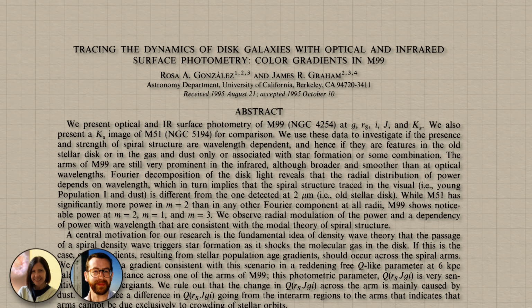So people tried to test this through the 70s and 80s with all sorts of different data and claimed all sorts of different things. But then in 1996, Gonzalez and Graham showed that dust plays a big part here. Because there are so many new stars forming and because the biggest and the heaviest stars don't live for very long, there's also a lot of supernovae going on when those stars die that throw out a lot of the heavy elements, aka dust, that blocks a lot of light.